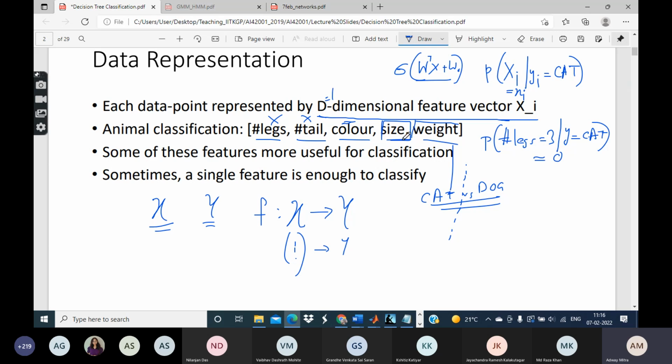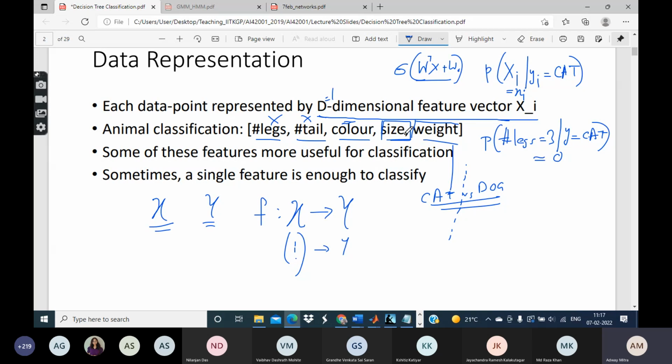But then we may also understand that these two features, in a sense, are correlated. That is, if an example's size is high, most likely its weight will also be proportionally high. Similarly, if an example's size is small, its weight will also be proportionally small.